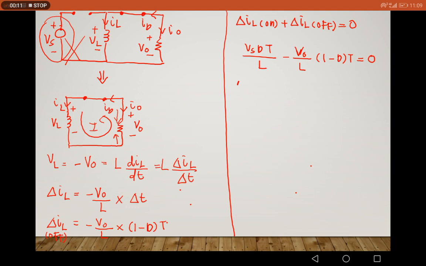Delta IL when your switch is off is minus V0 over L multiplied by (1 minus D) times T. Once you have these two equations, we can cancel the similar terms and simplify the equation in order to get the equation for your duty cycle. We take out the T over L here.